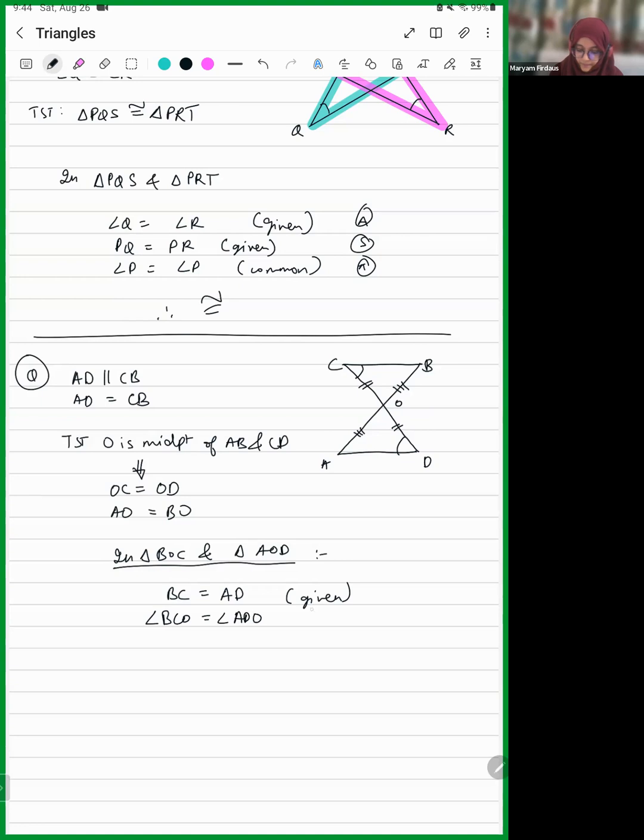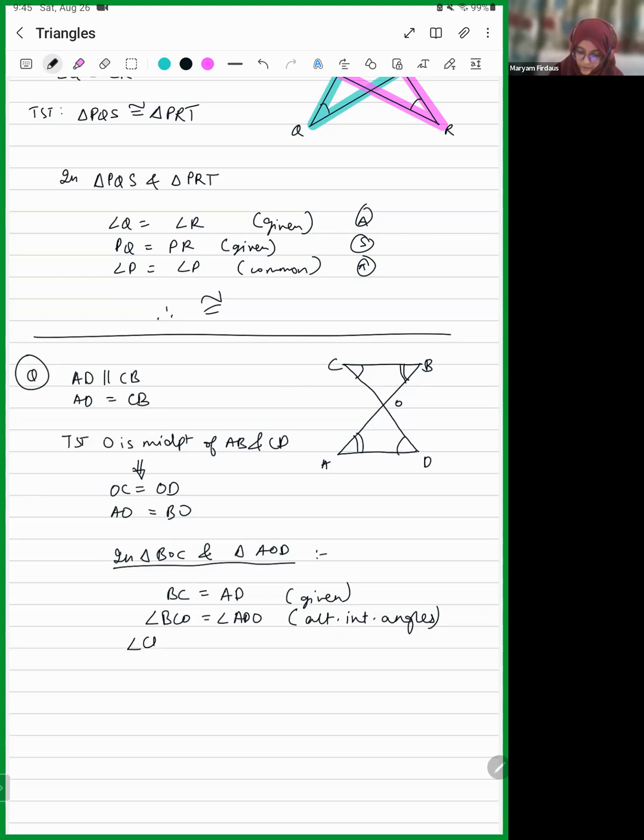Adjacent angles. They're not adjacent, beta. They're called alternate interior angles. Remember what it's called? It's called alternate interior angles. Okay, then angle CBO is equal to angle DAO. Again, alternate angles. Just a minute. Let me remove this, otherwise it will cause confusion. And this angle is equal to this angle.